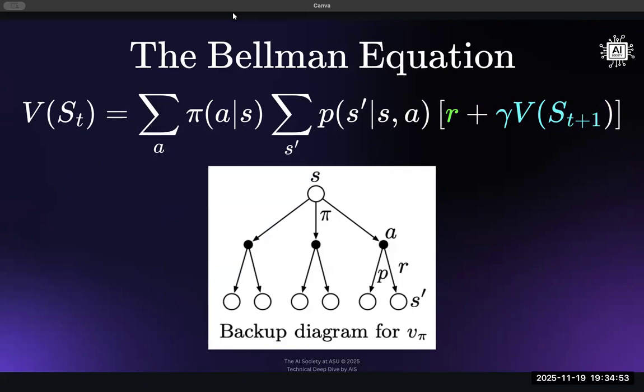So that's just a diagram for the value function right there. And V sub pi just means the value function given that we follow the policy or the strategy pi. So it can be any policy that we have. It can be a terrible policy or a good policy, but it's just a generic policy pi.